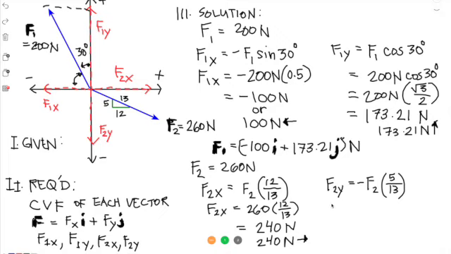For f2y, f2y is equal to negative 260 by 5 over 13. So that's negative 260 by 5 divided by 13.